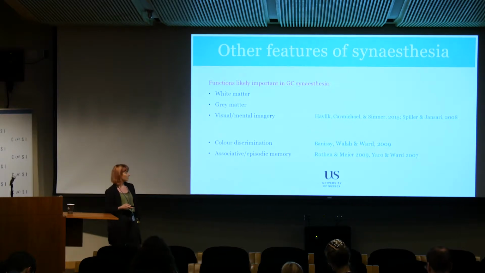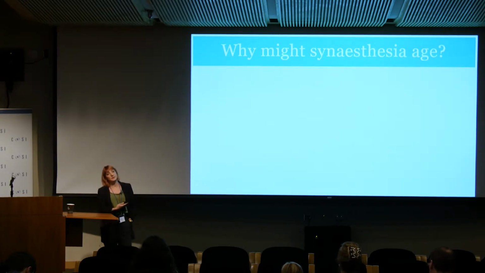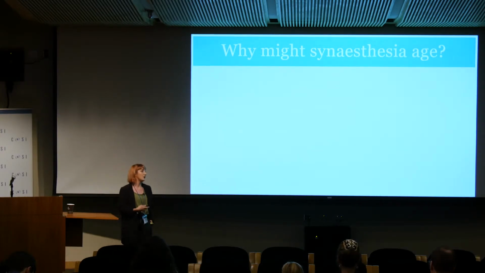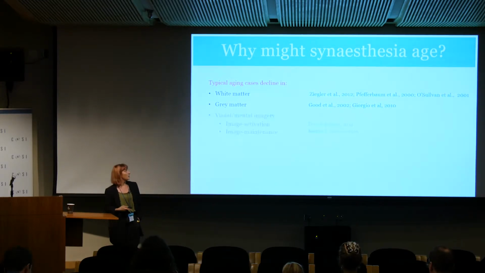So when trying to work out why synesthesia might age, we can look at those different things that seem to be special about synesthetes and might therefore give rise to synesthetic associations, and see how they typically tend to decline in the brain. So we know there's a plethora of evidence out there that white matter and gray matter tends to decrease as we age.